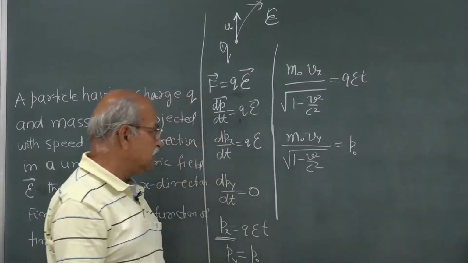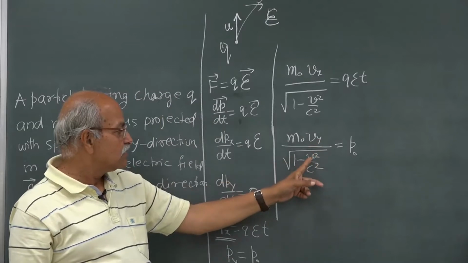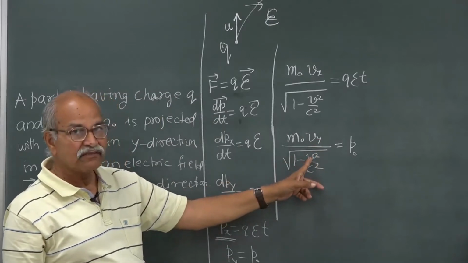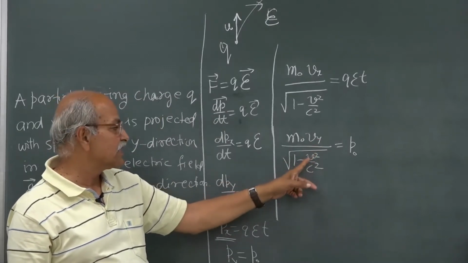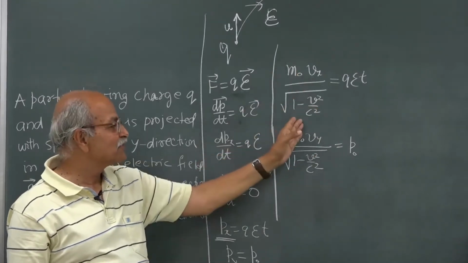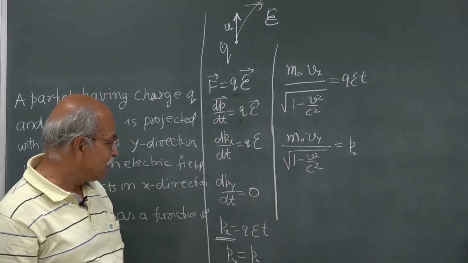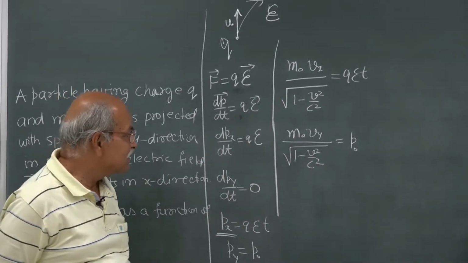But even then getting vy is difficult, because you also have vx square here. This is vx square plus vy square, and vx will be obtained from here, and that is also not very simple. So, getting vx and vy from these equations is tricky.